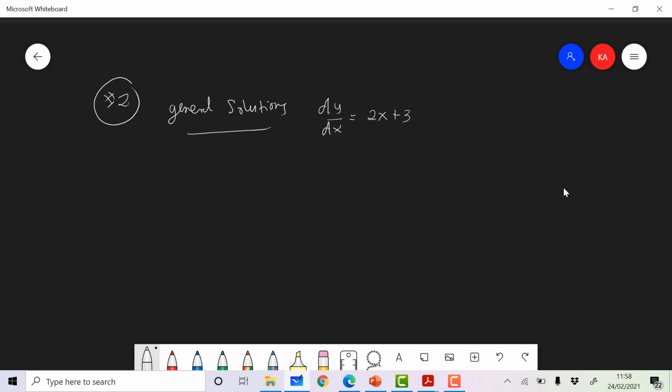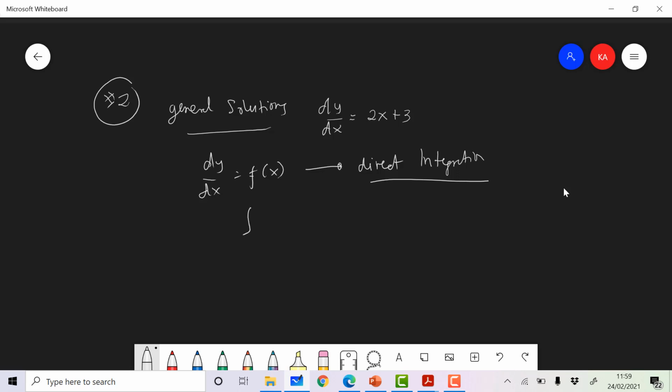So this equation, dy per dx is equal to a function of x, f(x). So we can solve this by direct integration. Okay, so we integrate both sides with respect to x.